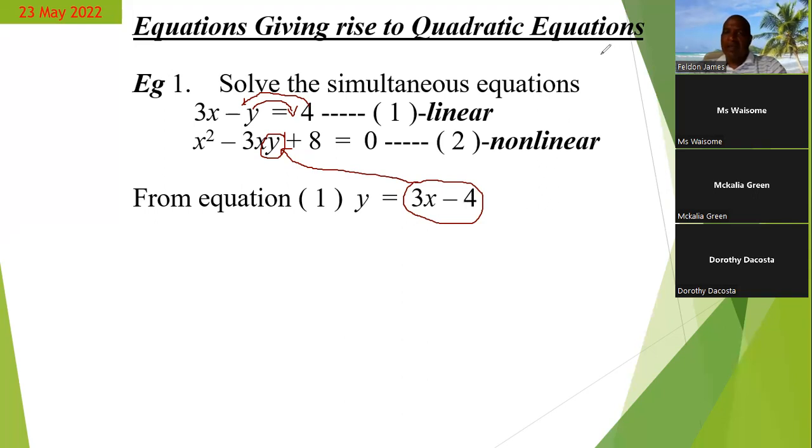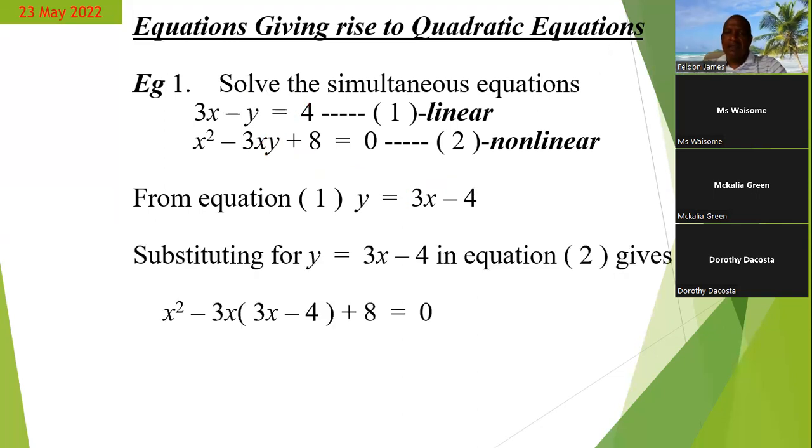All right, so let us see what that looks like. So you will have this. So this is how it would look when you put 3x minus 4 instead of the y. If you take out the y and put that, then you will get this.